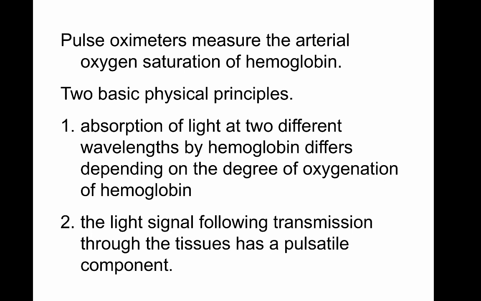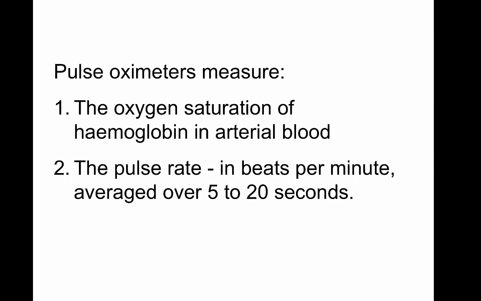The light signal follows a transmission through the tissue and has a pulsatile component. So pulse oximeters measure oxygen saturation of the hemoglobin in the arterial blood. And they also measure pulse rate in beats per minute, averaged over 5 to 20 seconds. So they provide a couple of nice data points.